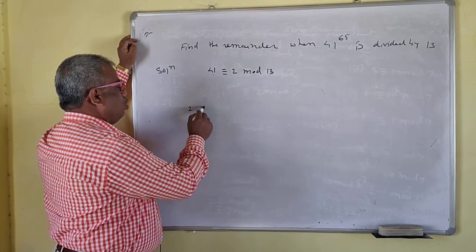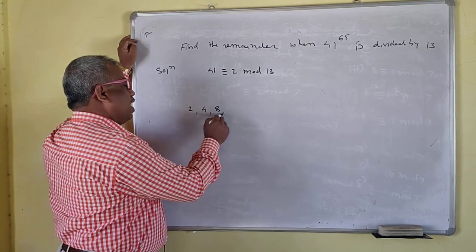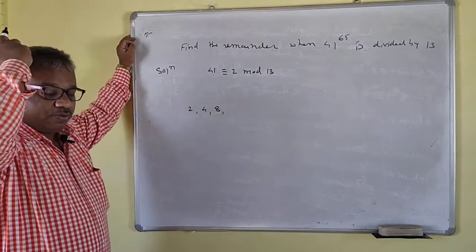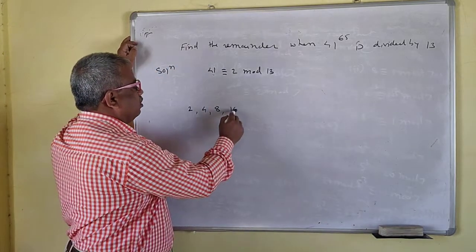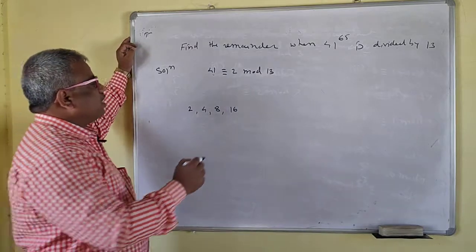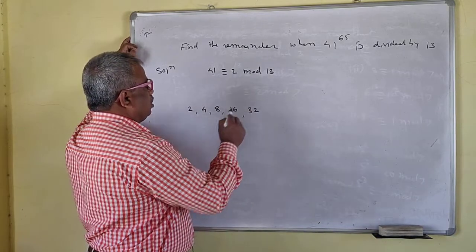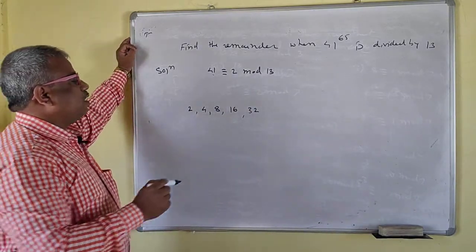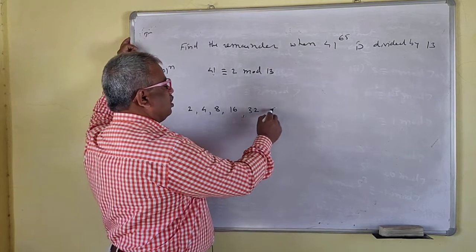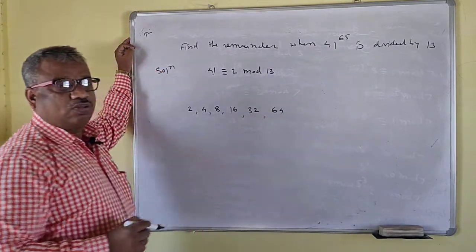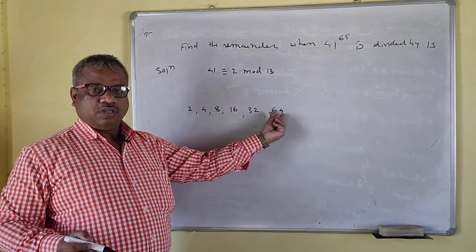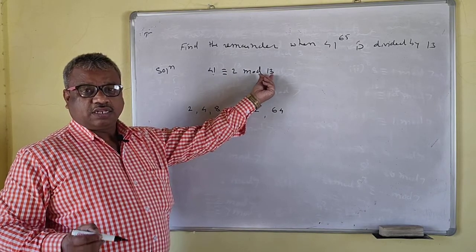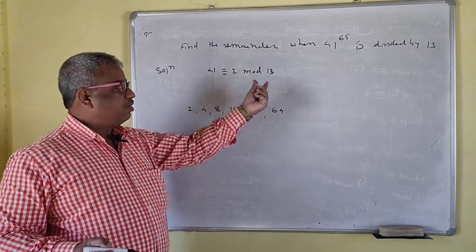So see in the power of 2. So 2, 4, 8. Power of 2 we are writing 16, then 32, then 64. Now see 64. So 13 to the power 5 is 65, right?